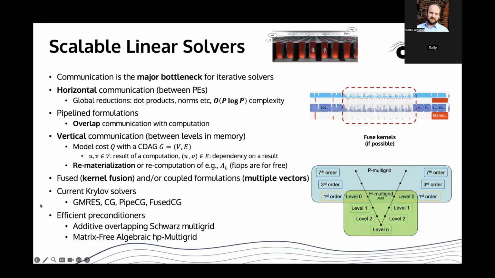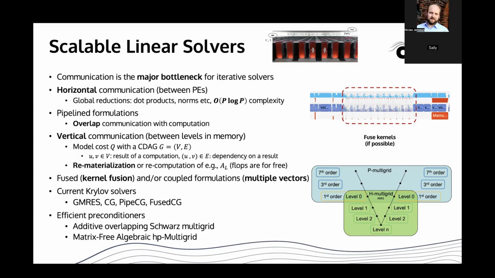So currently, in the code which is more in the production state, the Krylov solvers we have are GMRES and conjugate gradient CG, pipelined CG, pipe CG, and fused CG, which is a CG where a lot of these kernels are already fused. And then for some of these, you have this coupled formulation as well, specifically for the velocity problems.